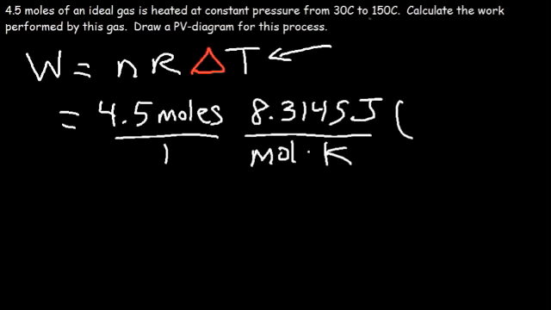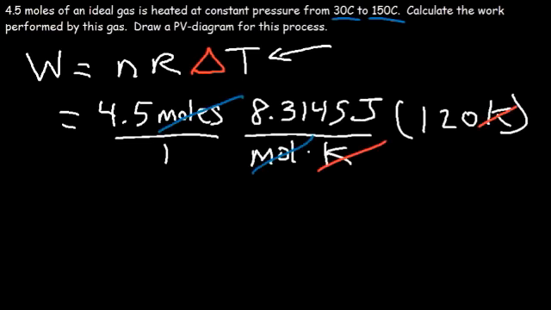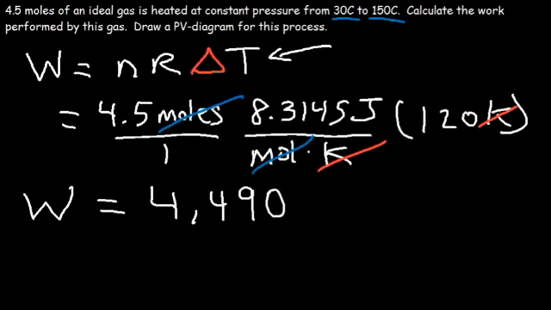The change in temperature, 150 minus 30, is 120. So the Kelvin difference is 120. Notice that the units will be in joules. So let's multiply these three numbers. The final answer for this problem is 4,490 joules.